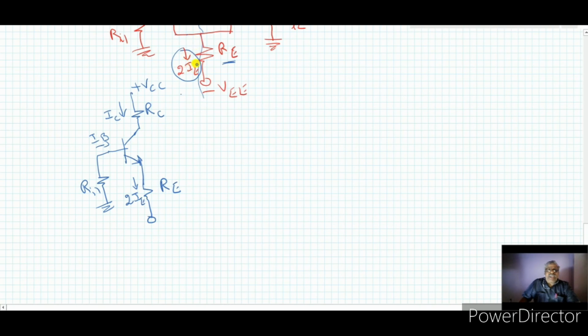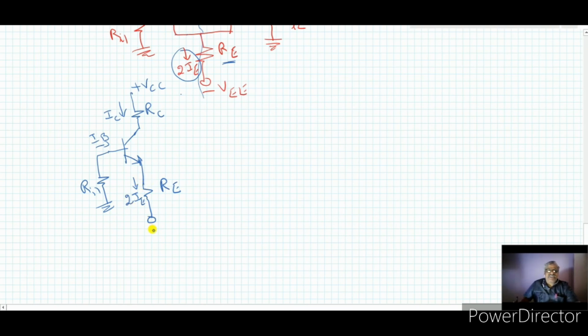Suppose you write only IE when you consider the single transistor circuit, then the potential here will be lesser than that of the entire circuit. So to overcome that mistake, we have to maintain the same current while performing this analysis. Then only the symmetry rule is applicable.